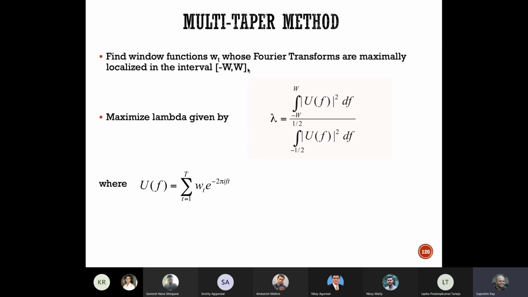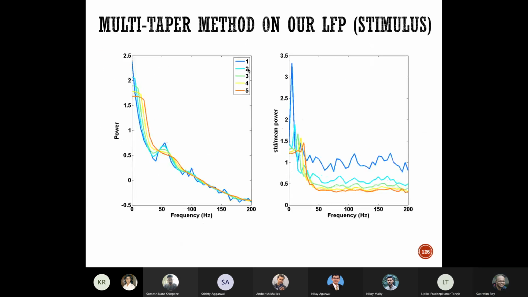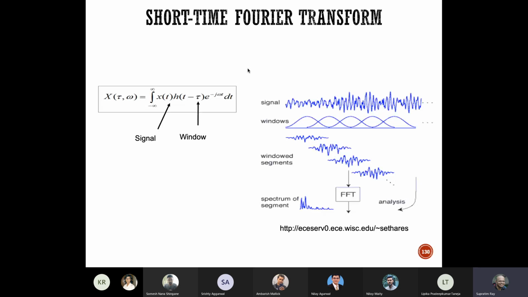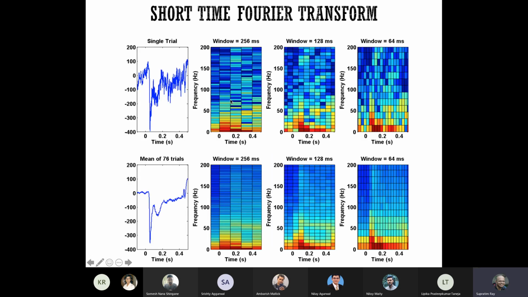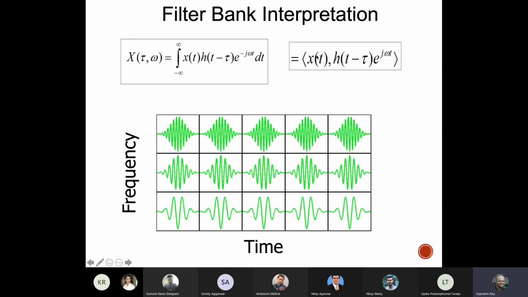Let's look at the formula just so that this point is clear to everyone. Forget the tau. Okay, so this is short time Fourier transform. Think of it as a windowed Fourier transform. You've got a signal, you've got a window, h of t, e to the power minus j omega t dt. And you're thinking about this as an inner product with the signal and a basis function, which is the window and the complex exponential.